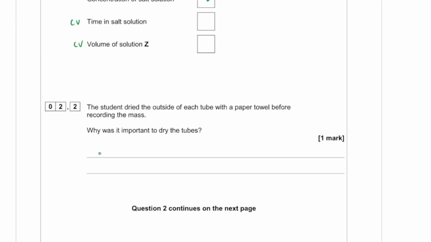Well, the water on the tube would affect or increase the mass. We are only interested in the mass of the water that is inside the tube, not outside.